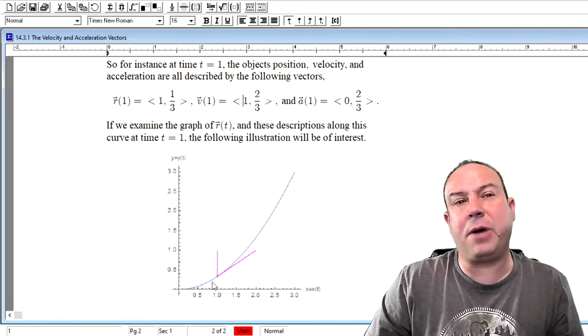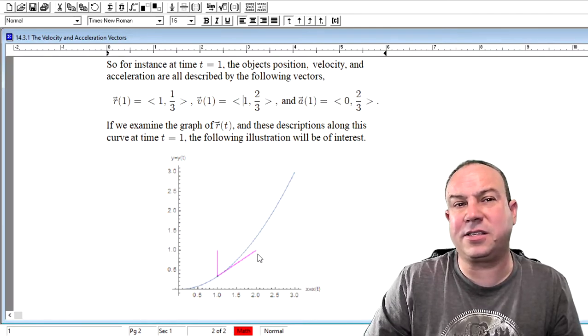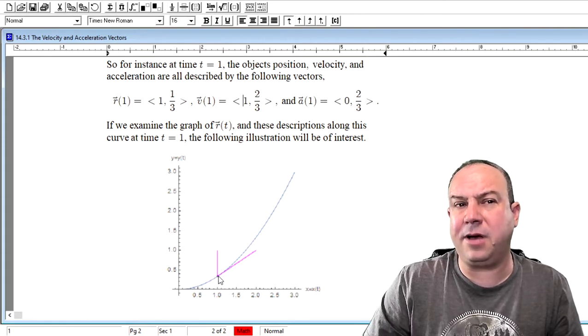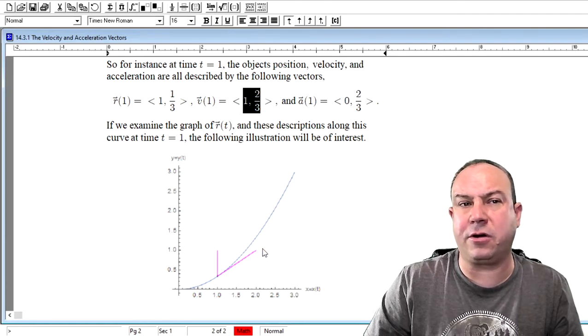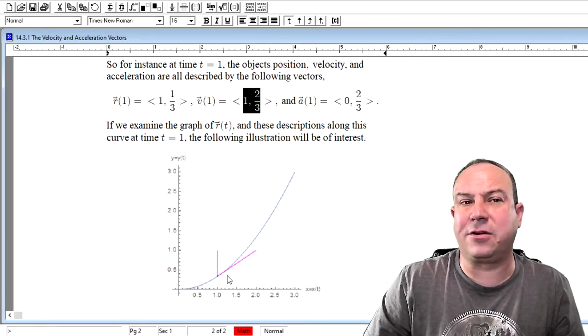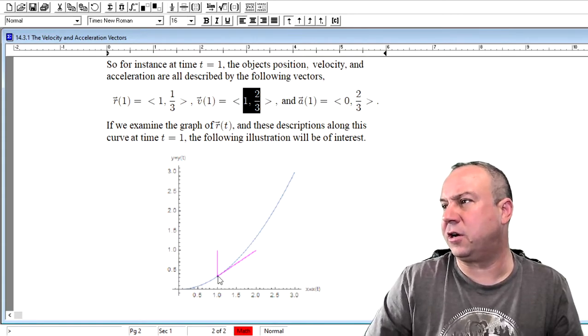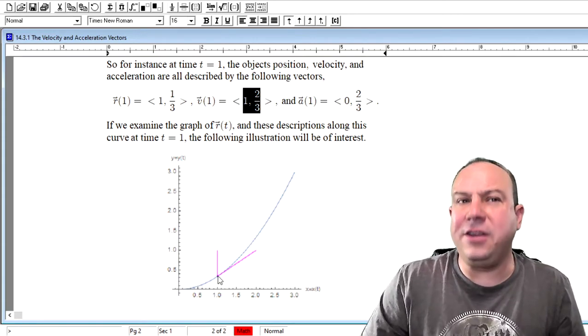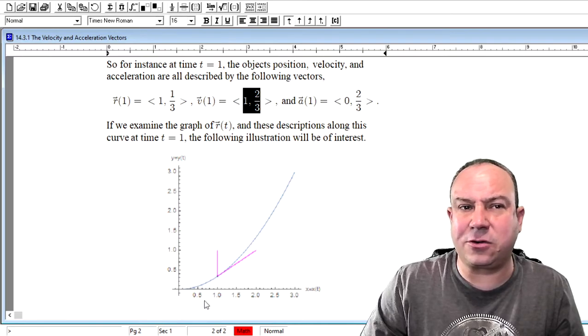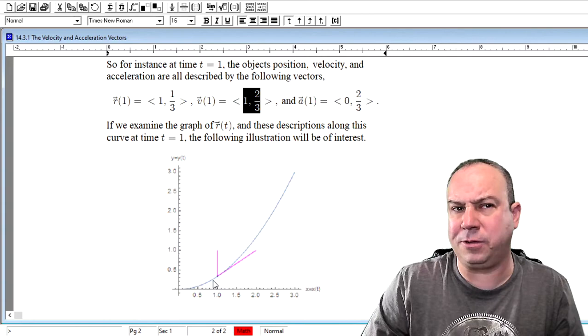So out of our two possibilities, it must be this vector seen here. If I go to this point in time along the curve and plot this vector 1 comma 2/3, 1 unit to the right and 2/3 units up gives me this vector description at that location along the curve. And you can see that it is tangent to that curve at that location.